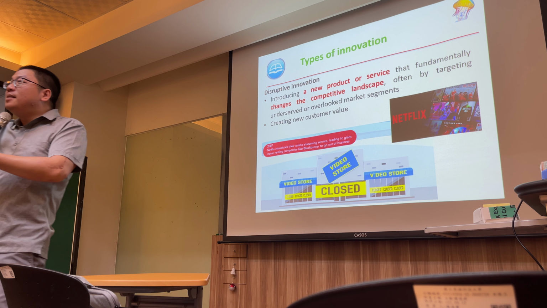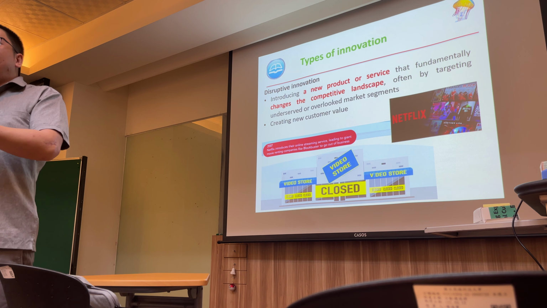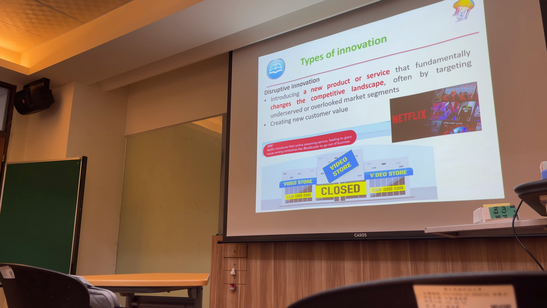So we have 4 P's, right? We have incremental and radical. Again, what are incremental innovations? Improve the current product or service. Make it better. Incremental, make it better. Think about how you can make it better. Don't change too much.